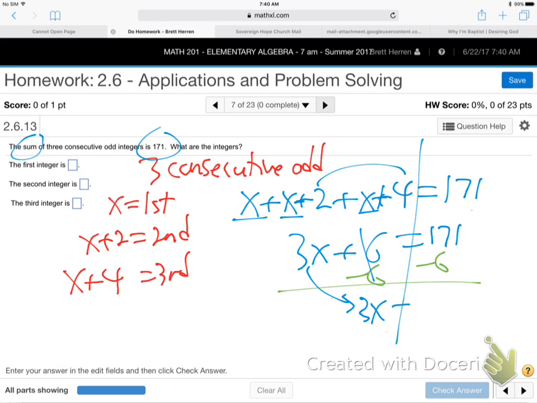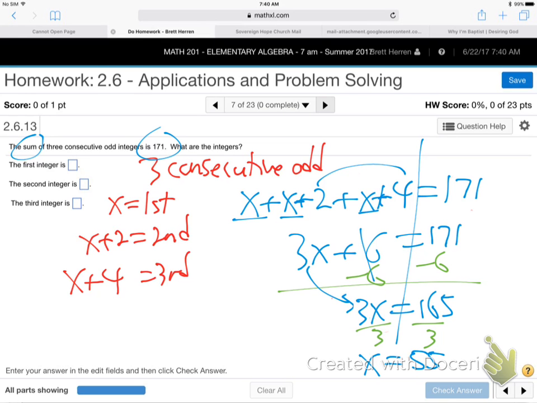Bring that down. 3x is something. What is that? 165? And last step is divide by 3. And x is 55.